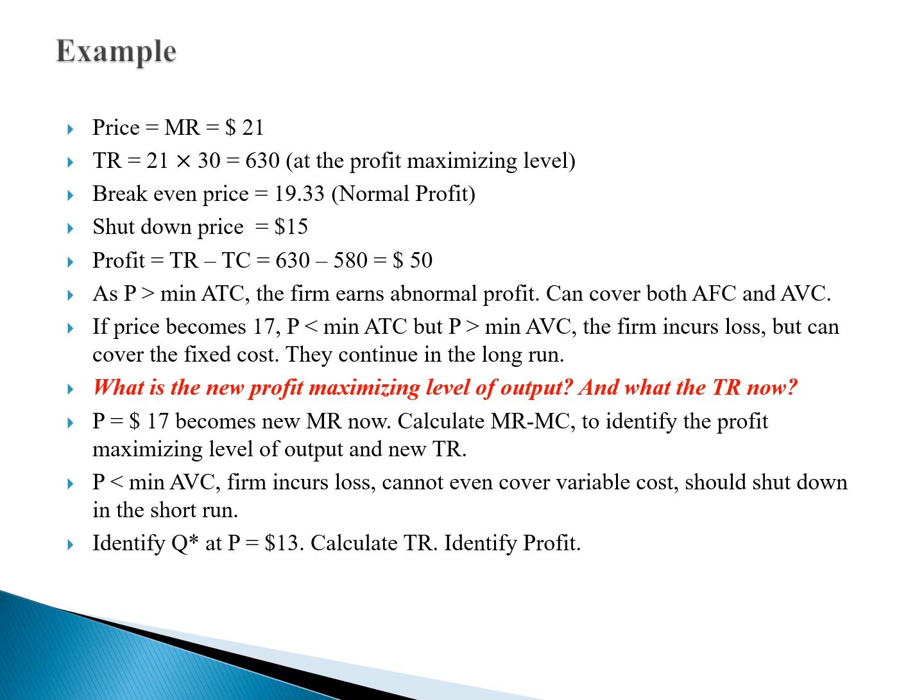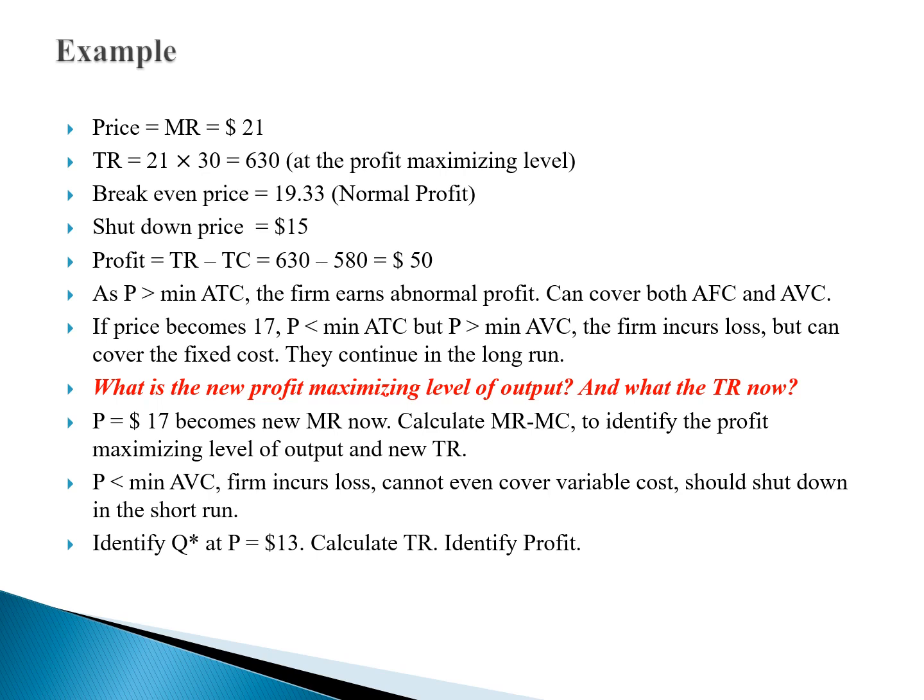Now, one question that I would like you to work out: what will be the new profit maximizing level of output and what will be the total revenue? This is an exercise for you, but I will provide you with some hints. To identify the new profit maximizing level of output, again you need to calculate MR minus MC. Now the new MR is 17.